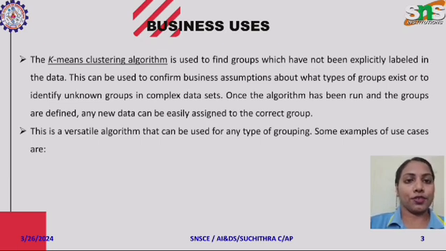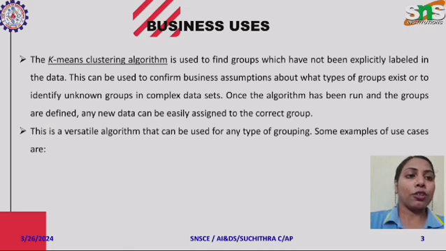Business uses. The K-means algorithm is used to find groups which have not been explicitly labeled in the data. This can be used to confirm business assumptions about what type of groups exist or to identify unknown groups in complex data sets.